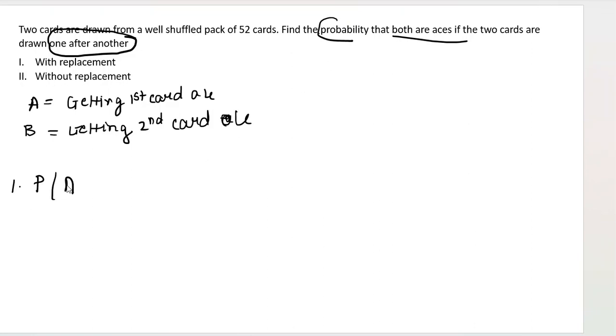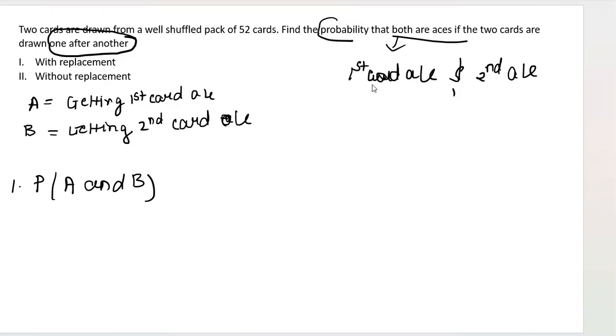Probability that A, the first is ace and the second is also ace. The first card is ace and second is also ace. So first card is ace is nothing but it is A, and second card is ace is B. So this is probability of A and B.